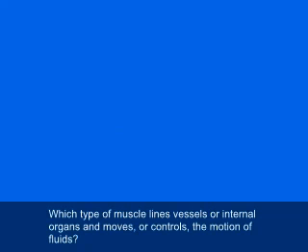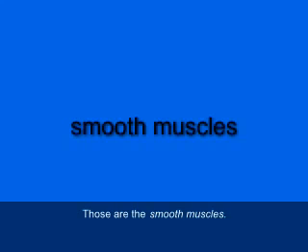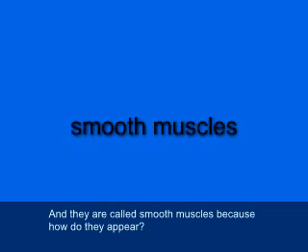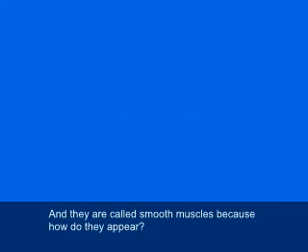Which type of muscle lines vessels or internal organs and moves or controls the motion of fluids? Those are the smooth muscles. And they're called smooth muscles because how do they appear?